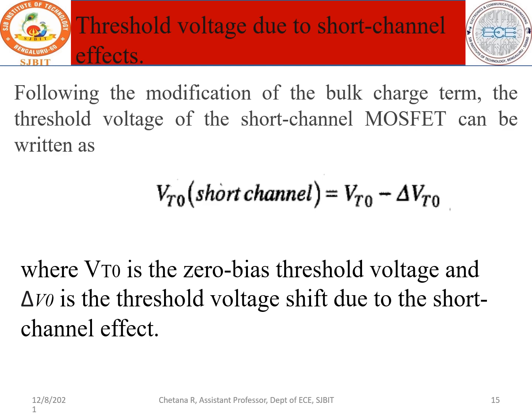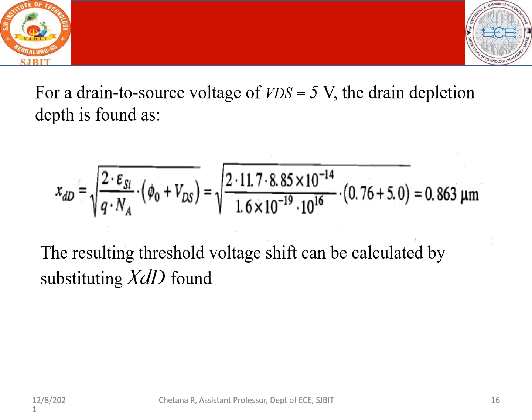So this is the formula as already discussed, and appropriately, as calculated, if you have the drain voltage VDS as 5 volts, appropriately substitute that here in order to find out the depth. So that gives you this much, 0.863 micrometer. XDD is the depth, therefore it is given in meters. So the resulting voltage shift can be calculated by substituting this formula.